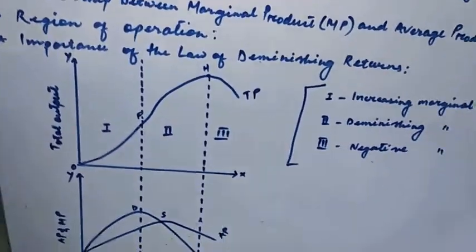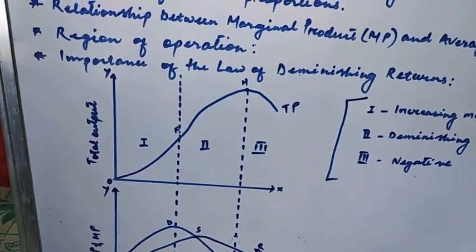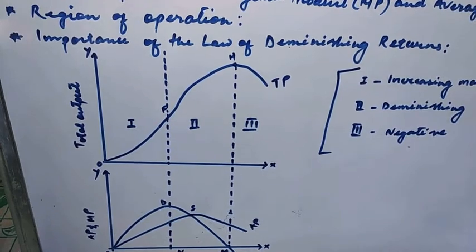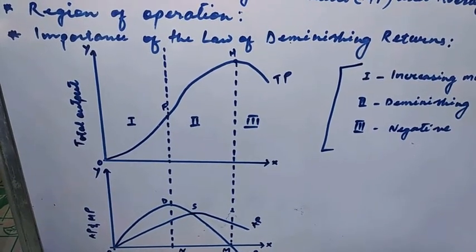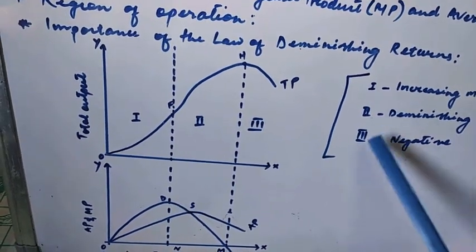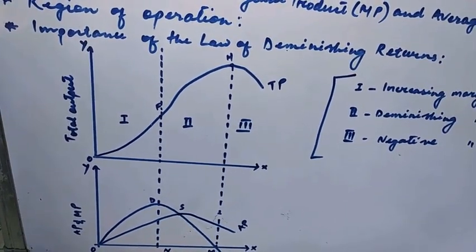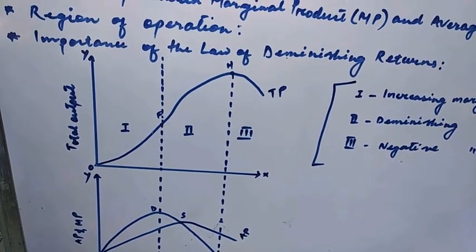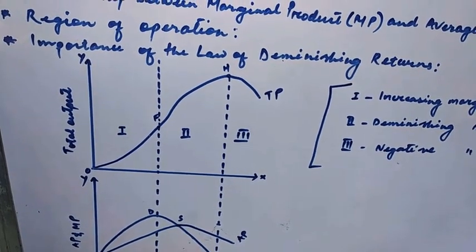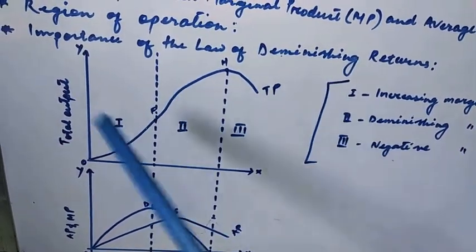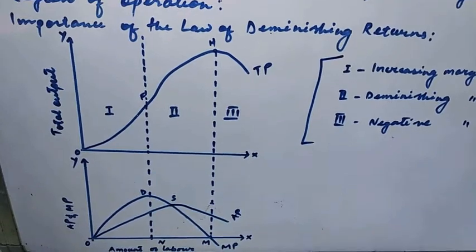So after having explained the law of diminishing marginal returns, it is now important to explain in which region or stage a rational producer will choose to operate or produce the product. So at what stage will a producer produce his product?